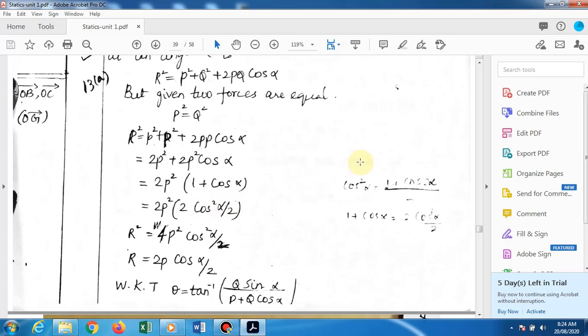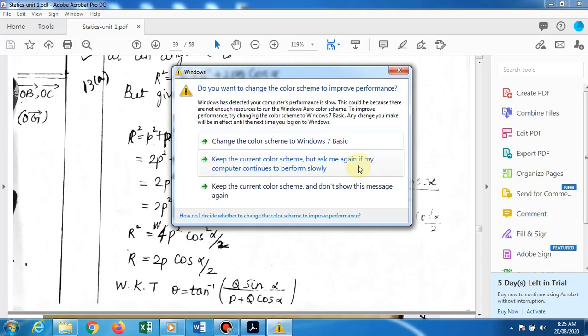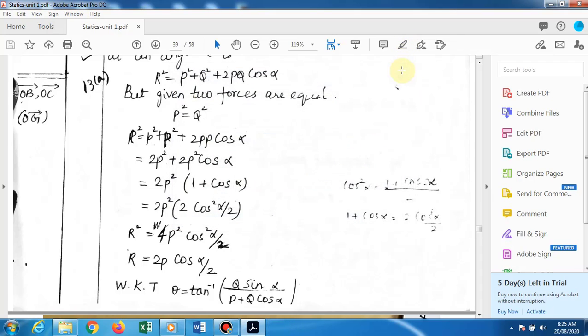Again I will repeat this formula. Take note here. Cos square theta is equal to (1 plus cos 2 theta) by 2. Multiplying by 2, 2 cos square theta is equal to 1 plus cos 2 theta.